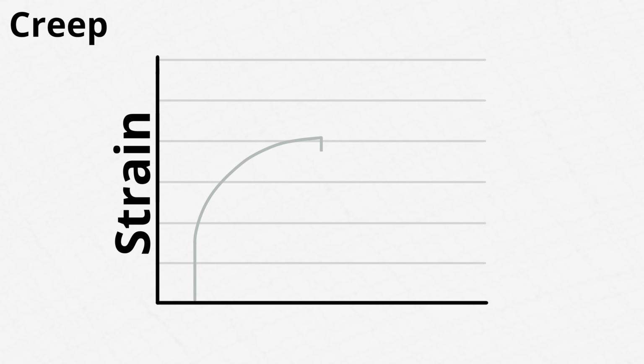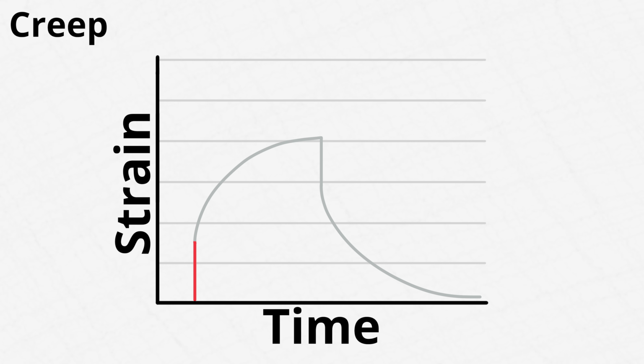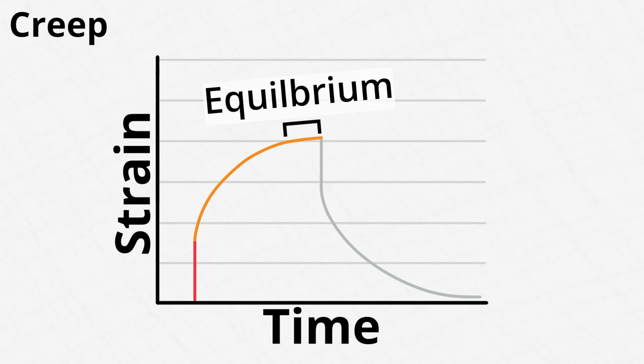Let's graph this phenomenon by mapping strain versus time. The first linear part of this graph is the initial displacement from applying the force. As time goes on and the force remains constant, the strain continues to creep up until eventually leveling out. This leveling out, just like with stress relaxation, is from the material reaching equilibrium.